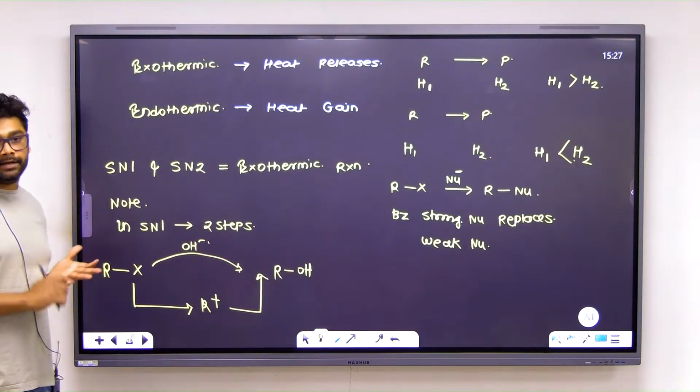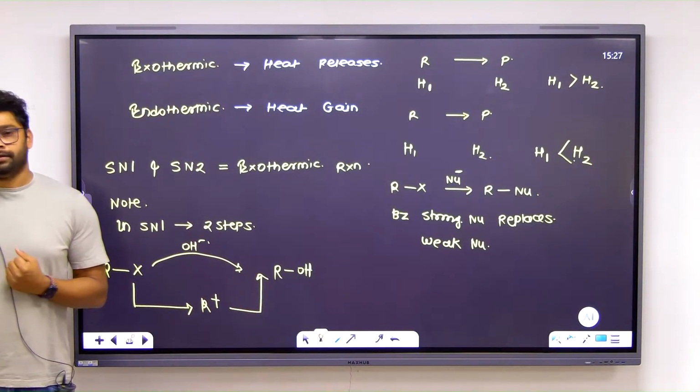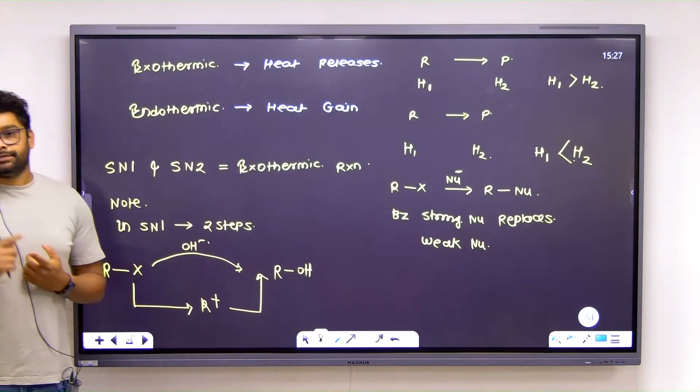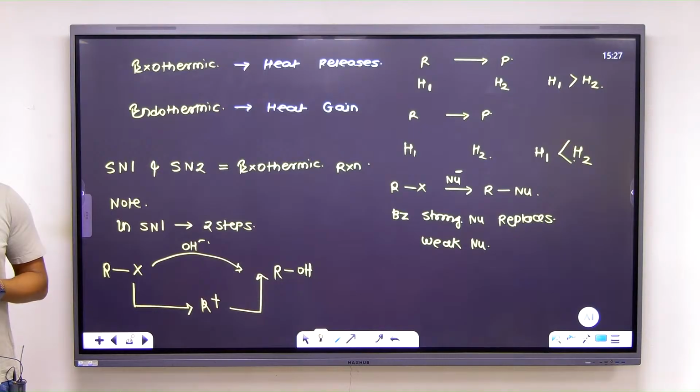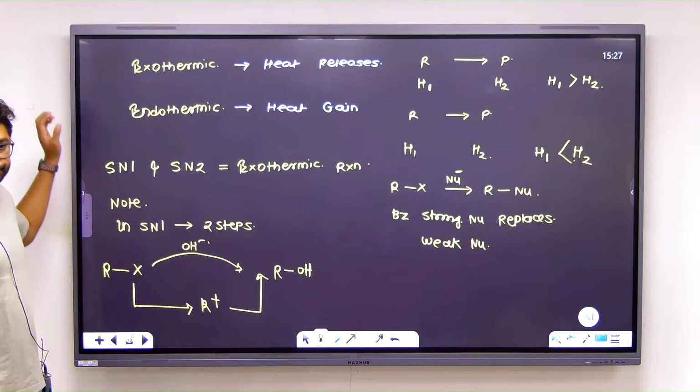OH च्या जागी CN वापरा, NO2 वापरा, ONO2 वापरा, NC वापरा, OH वापरा, N3 minus वापरा, SCN minus वापरा, NCS, any minus which is stronger than what? X.